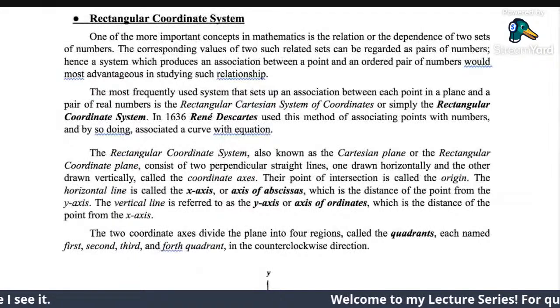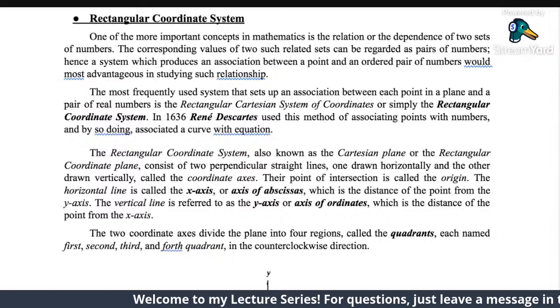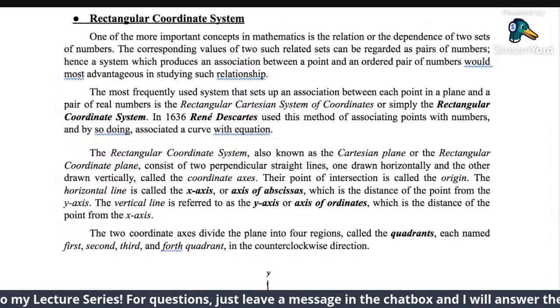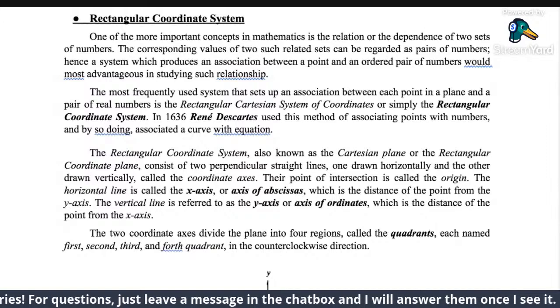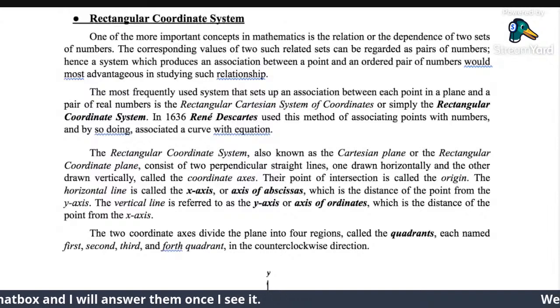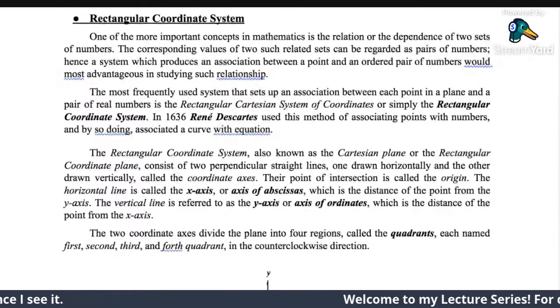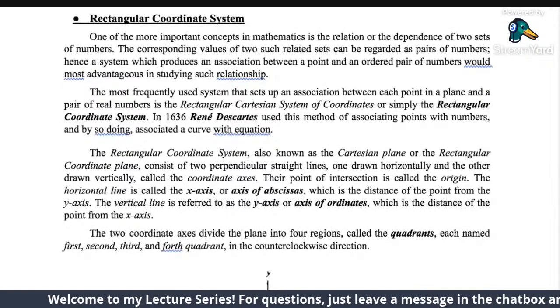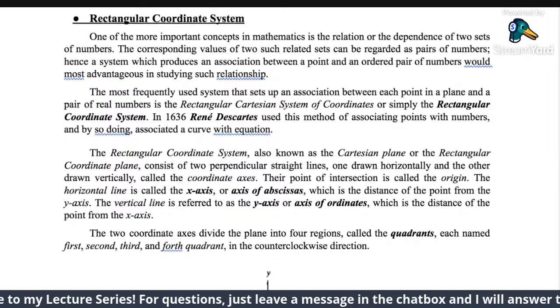So when we talk about the rectangular coordinate system, it is also called the Cartesian plane, the rectangular coordinate plane, or sometimes the X and Y plane. It consists of two perpendicular lines, one drawn horizontally and the other drawn vertically, and we call them axes.